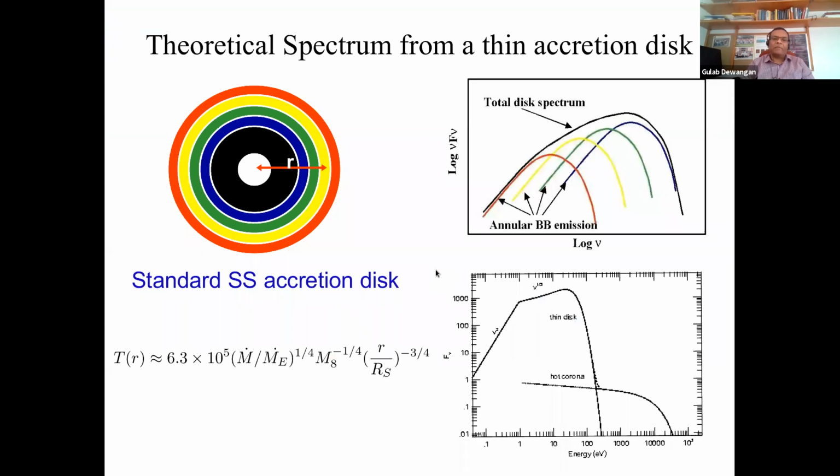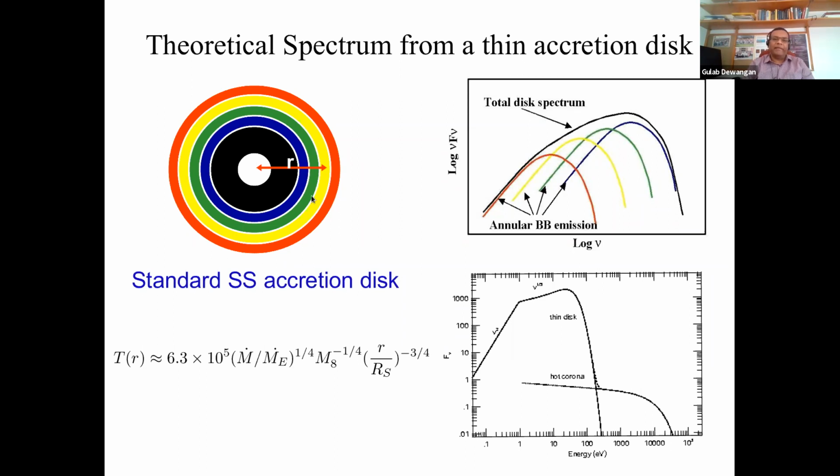So let's see how the accretion disk emits, and even the hot corona, what kind of spectrum we observe from the accretion disk and hot corona. This accretion disk is essentially formed due to the conservation of angular momentum, and the temperature of the accretion disk is not uniform along the disk. The temperature is highest in the innermost regions, and it decreases in the outer regions as a function of the radius, varying as r, the radius, to the power minus 3/4.